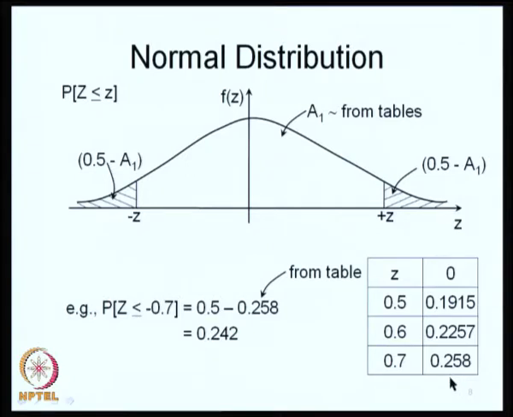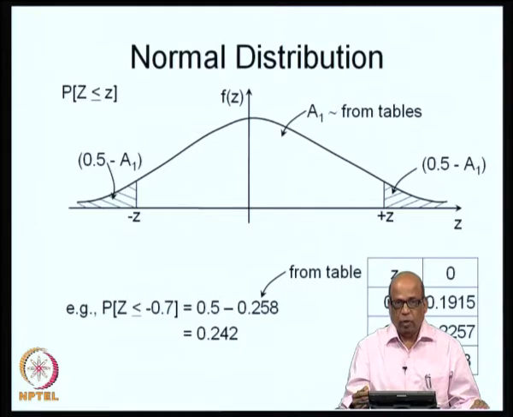Okay, we will see how we obtain the values for z taking on negative values. Let us say you are interested in getting the probability of z being less than or equal to minus 0.7. In all the problems dealing with normal distribution, we must always remember that the standard normal distribution is symmetrically distributed about z equal to 0.